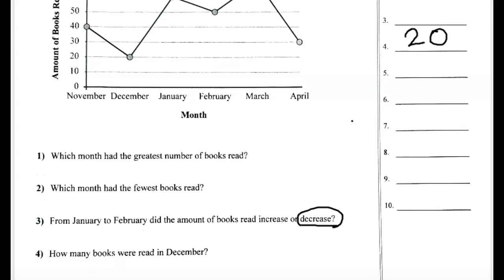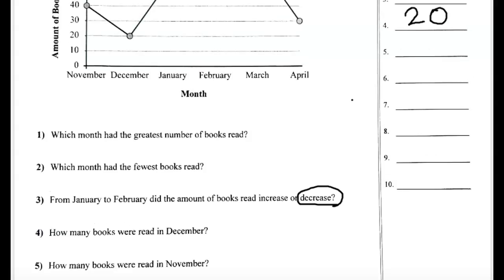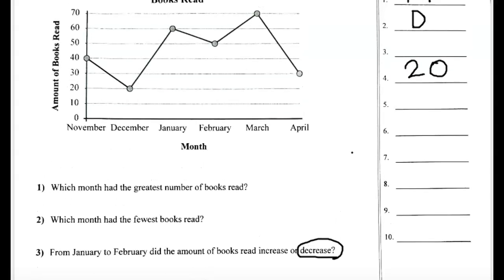Very good. Now let's look at number 5. Number 5 says, how many books were read in November? We go to November and go up, and it gives us 40. So you could circle 40, or we can write 40.